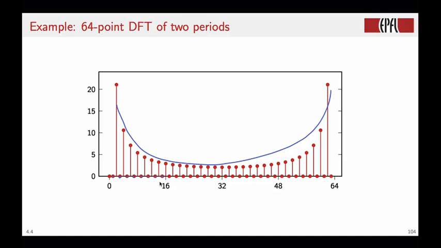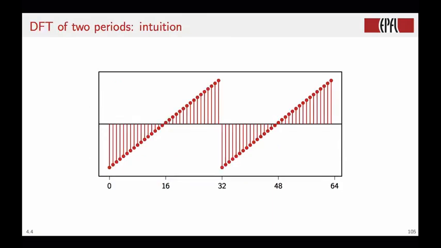To get an intuition as to why it is so, let's go back to the definition of the DFT. Each DFT coefficient will be the inner product between the appropriate basis vector in the Fourier basis for C^64 and this signal that we see here. So let's see graphically how these inner products are computed. Let's start with the first basis vector.